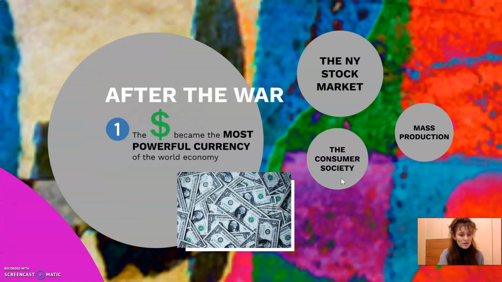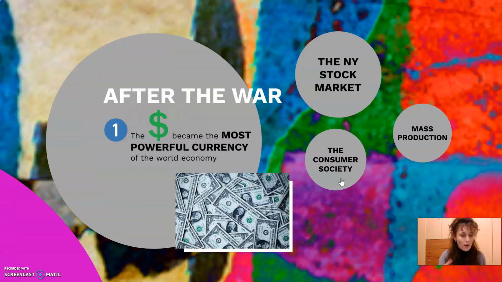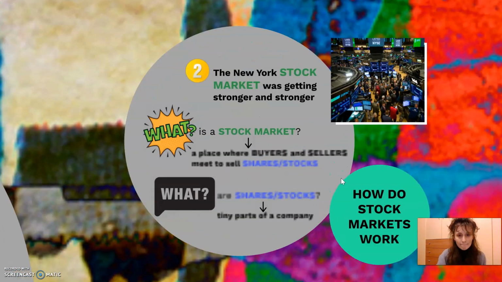Once the war ended, so after the war, the dollar became the most powerful currency of the world economy. The New York stock market was getting stronger and stronger.